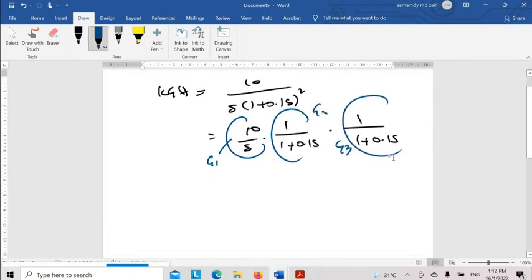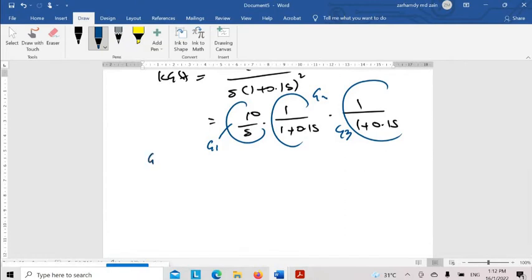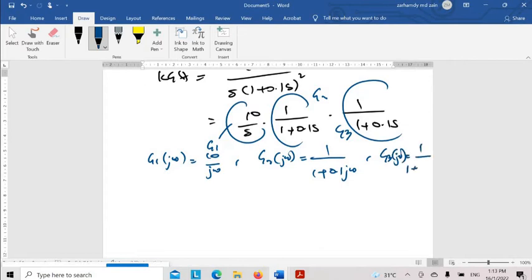You can use this. G1 of j omega is 10 over j omega. We have G2 of j omega, and G3 is 1 plus 0.1 j omega.